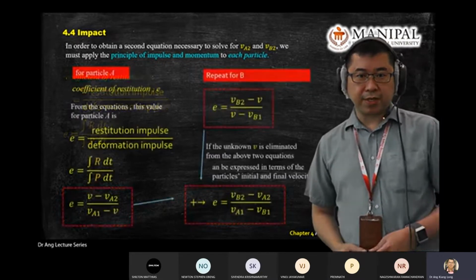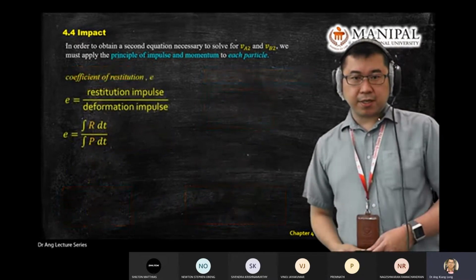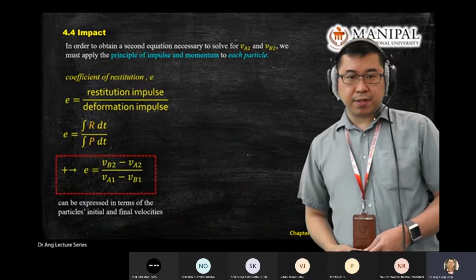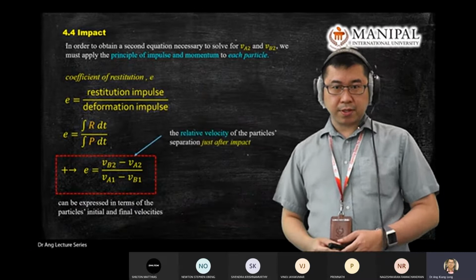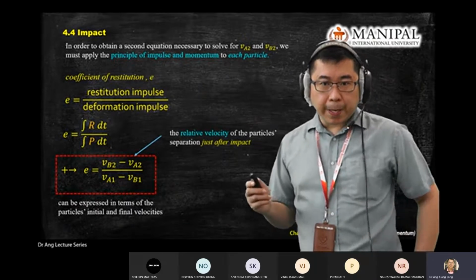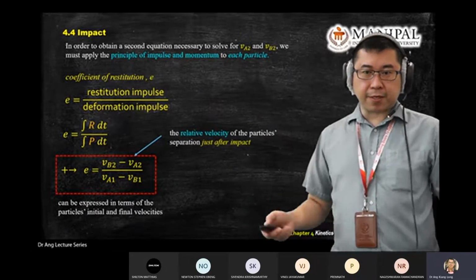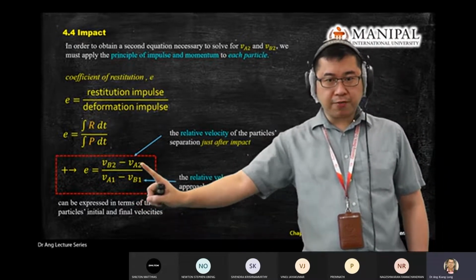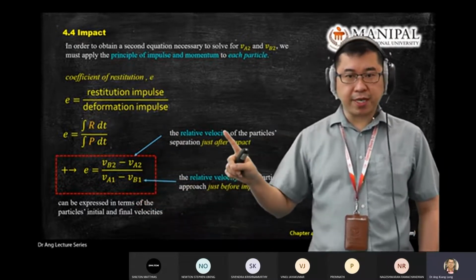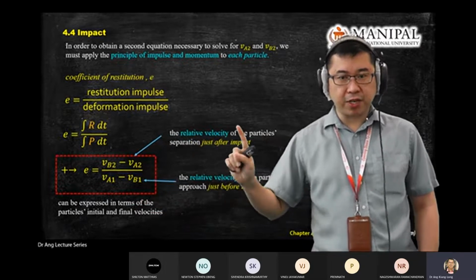Okay, what else? This is what we explained just now. This is a further explanation. So VB2 minus VA2, another textbook, they say this one as a relative velocity.